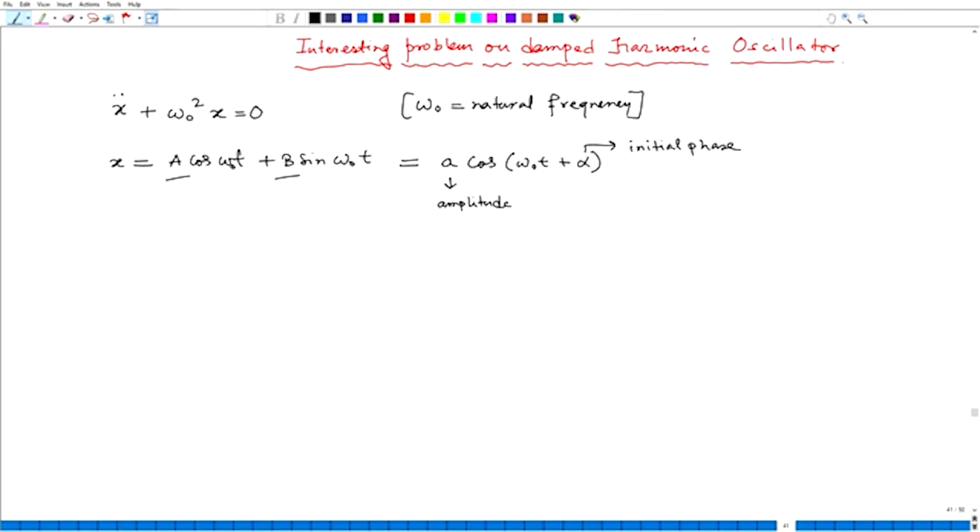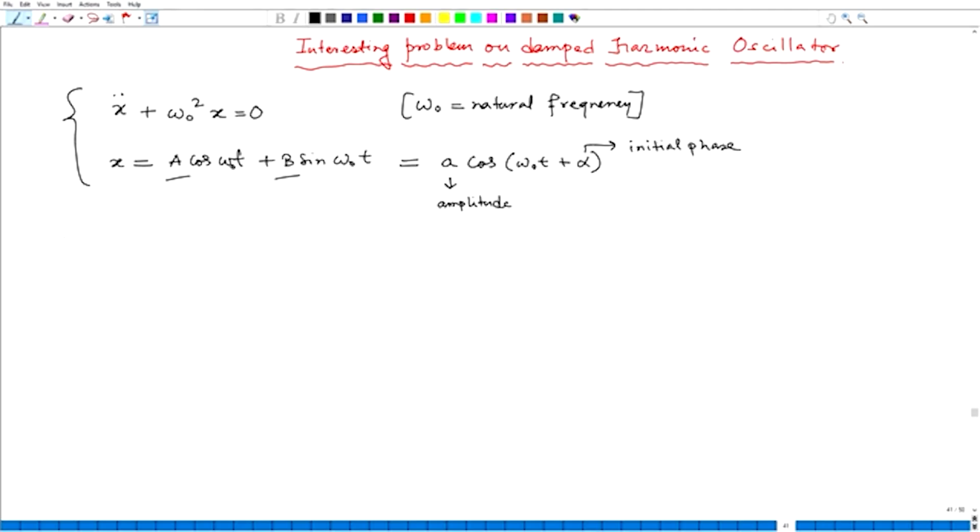Now, the question is, let us say I have an oscillator. The oscillator is first left to oscillate without any damping or any forcing.